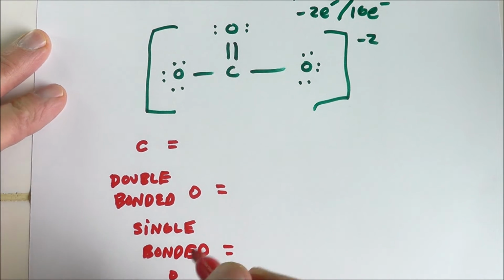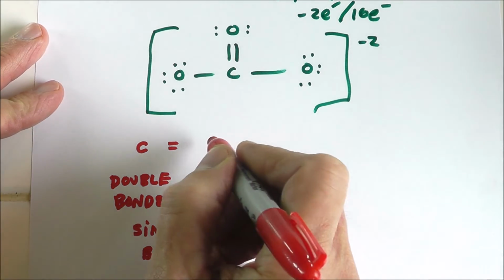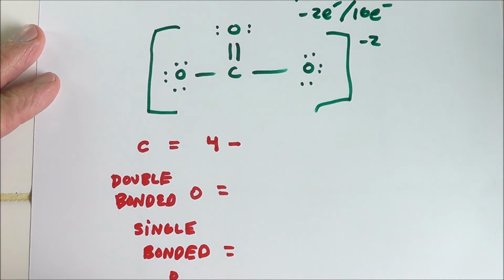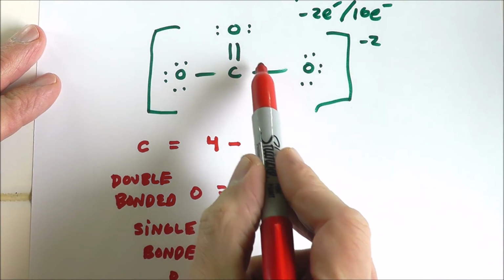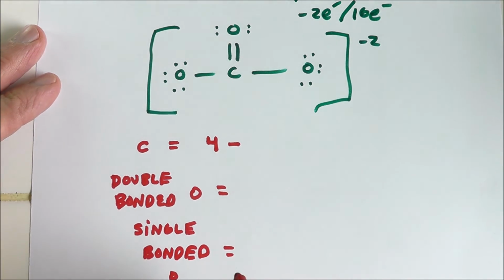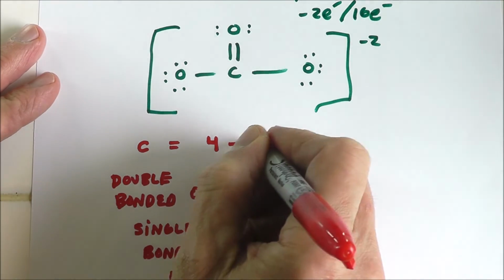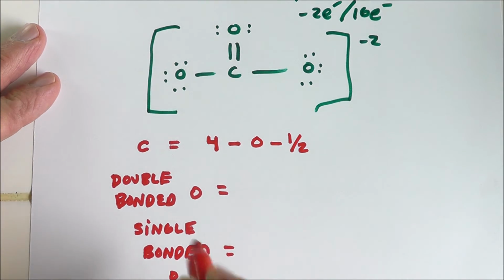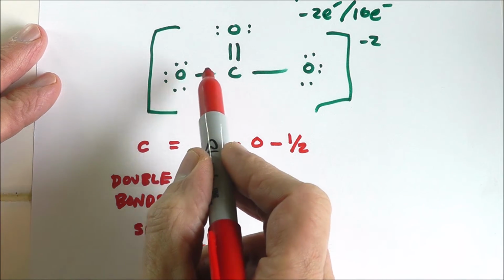Okay, so here we go. Carbon, 4 valence electrons minus the number of non-bonding electrons. Those are the pairs. I got none. Minus 1/2 the number of bonding electrons.